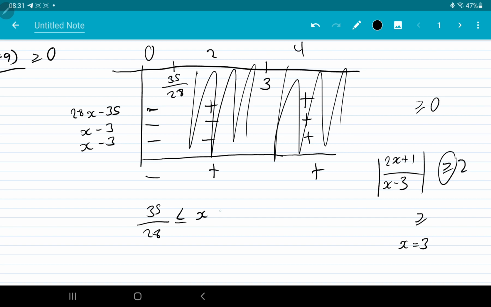X should be less than 3, or x should be bigger than 3, larger than 3. So right now, why will 3 not use this same equal to inequality, but for 35 over 28 I can use it? One of the main arguments for this is that when you substitute the values, that's the reason.